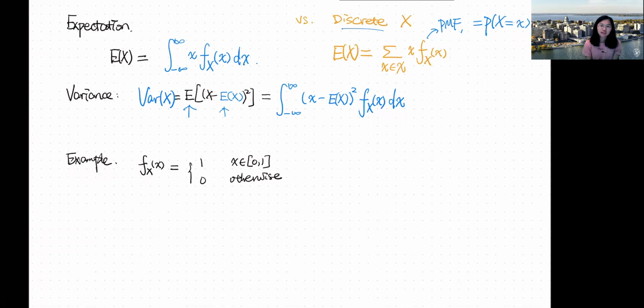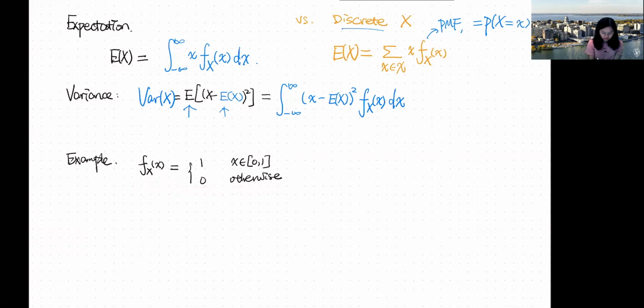In a fair spinner example, when we spin the hand of the spinner, the number that the hand lands on is the random variable x, and that random variable x follows the distribution given by this probability density function.